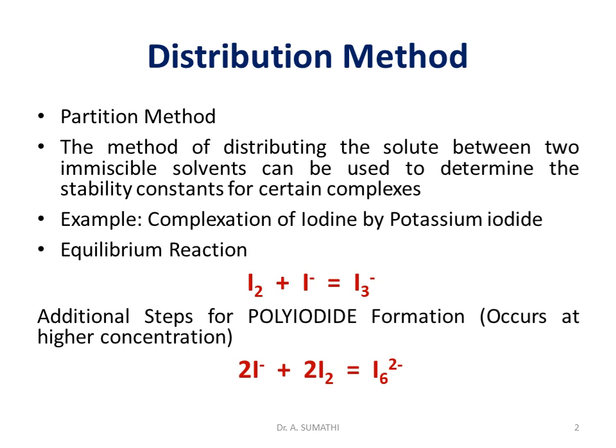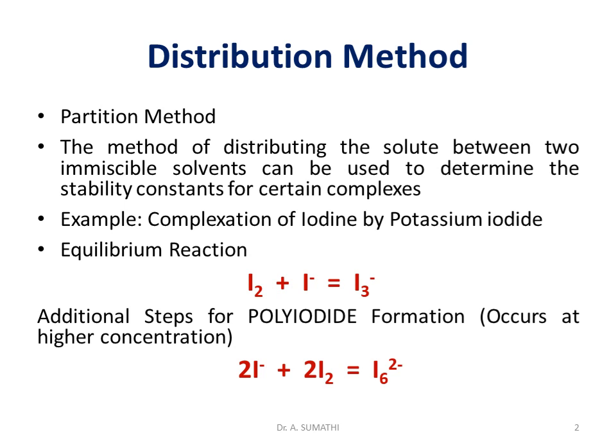In this reaction, if iodine molecules keep on being added, we can call these the additional steps. It leads to the formation of polyiodide. We add another molecule of iodine, another I minus, and likewise, if more iodine is added, it results in the formation of polyiodide.